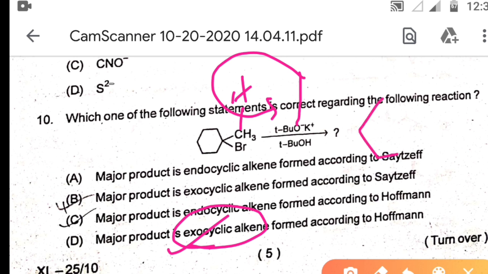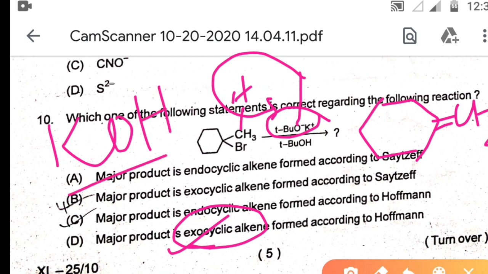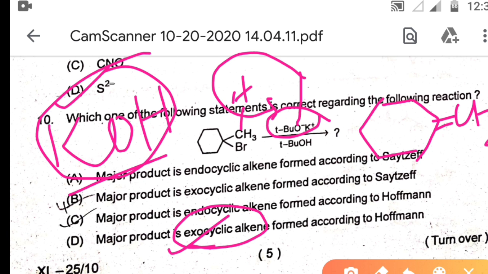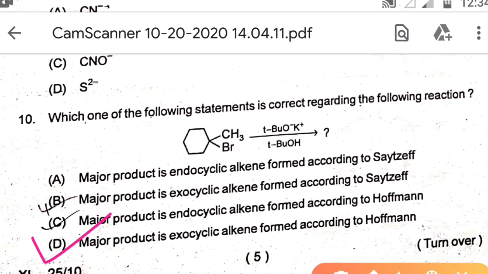The product will be a double bond to CH2. Okay, suppose instead of tertiary butoxide they had given you KOH, then an endocyclic alkene will be formed. So you have to remember the basic difference between KOH and tertiary butoxide base. So the correct answer for this particular question is D.